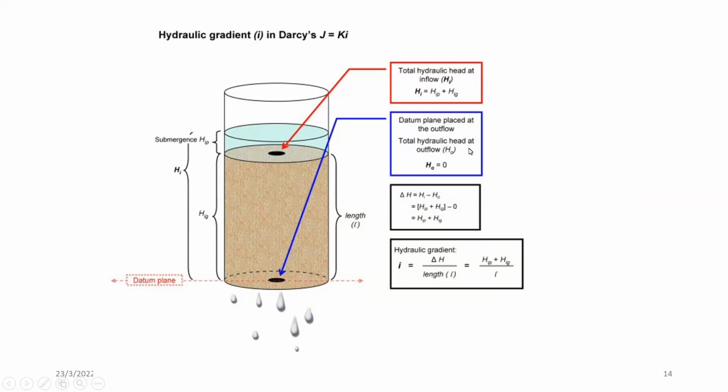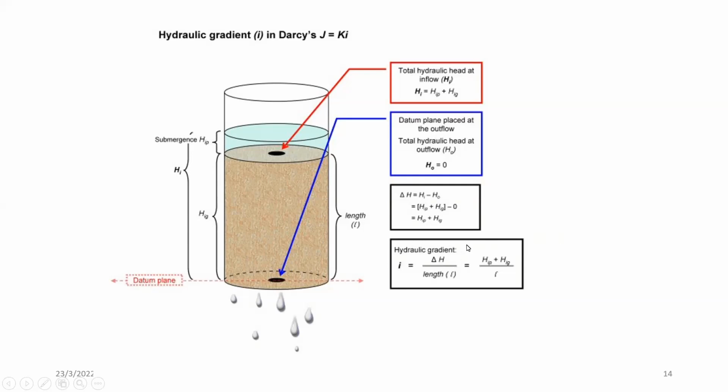Total hydraulic head at outflow is equal to 0. So the difference equals the submergence head minus 0, which is equal to H of water plus H of gravity.